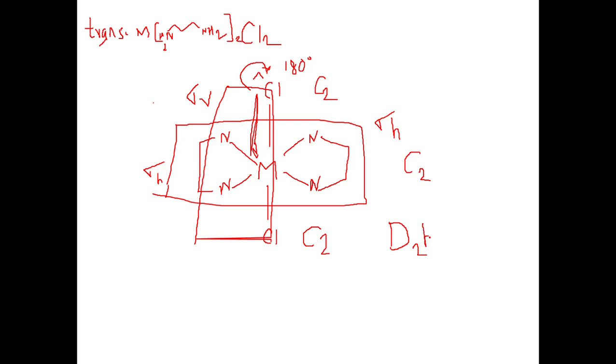H means horizontal plane, because it is perpendicular to the principal axis. The point group for this molecule will become D2h. I hope all of you are clear.